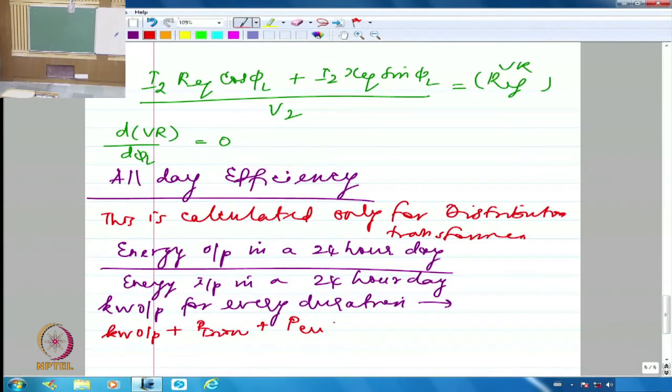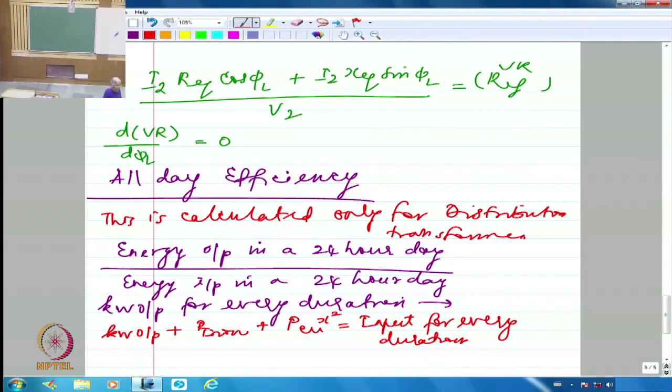That also you have to calculate for every duration. So, this will give you the input for every duration. Very clearly, the copper loss has to be multiplied by x square if x is the fraction of the load.